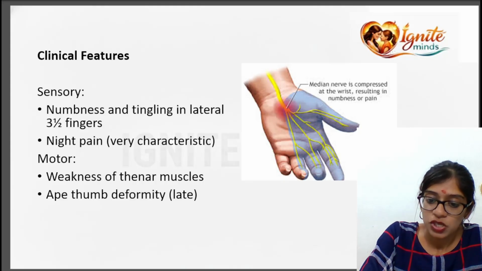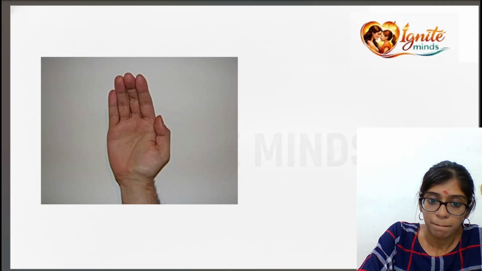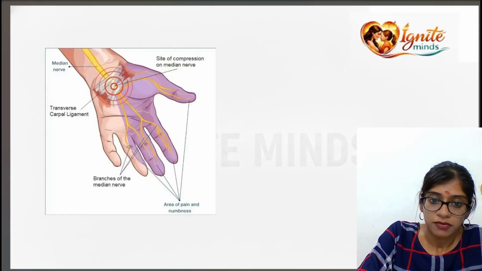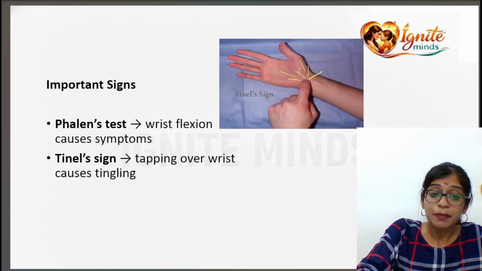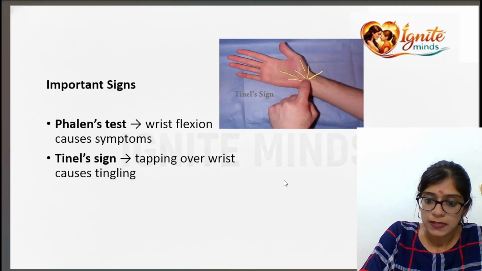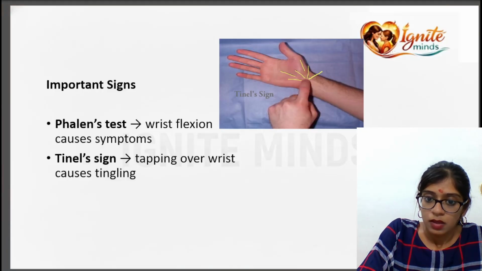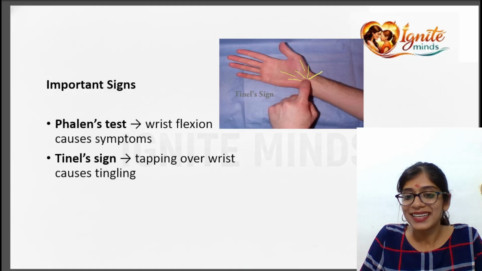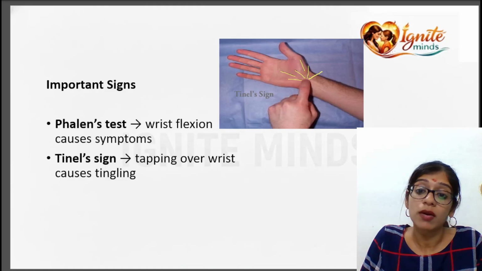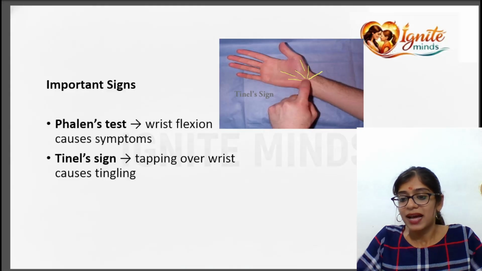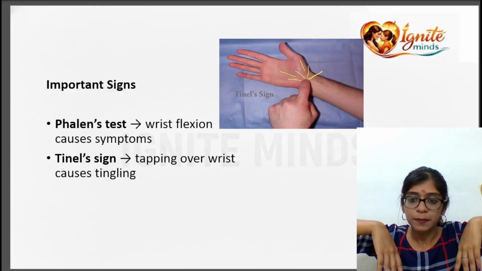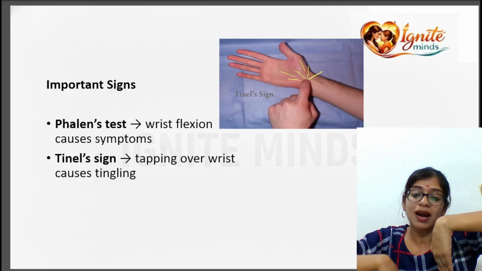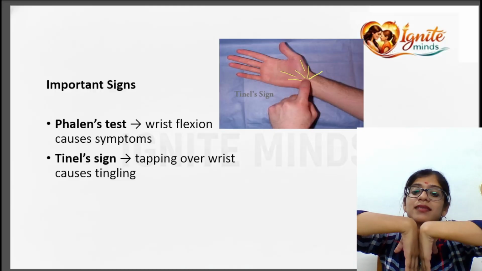Okay, this much understood? Fine. Okay, now the important signs. See, in CTS we do something called Fallon's test. In Fallon's test, we ask the patient to flex the wrist.